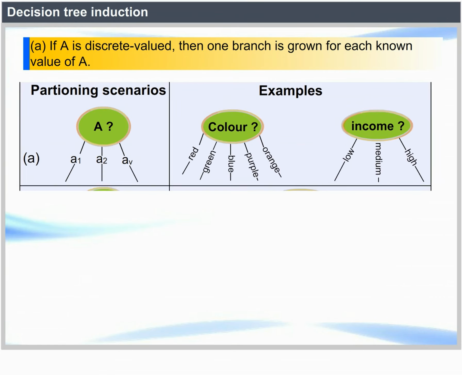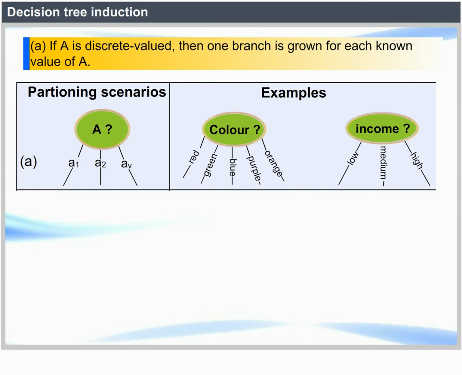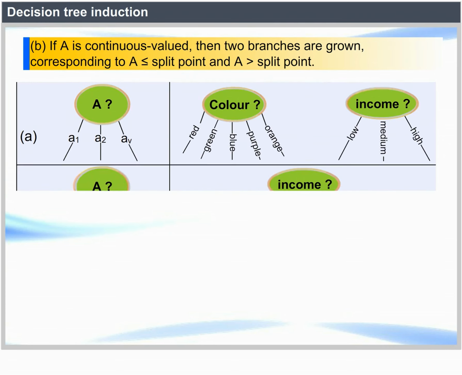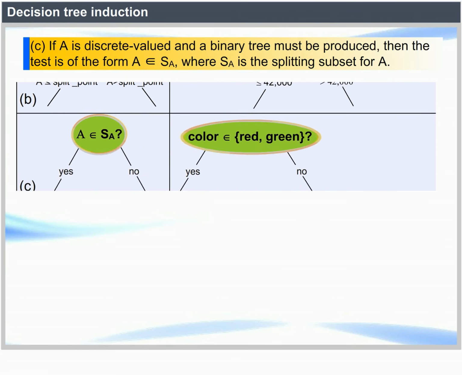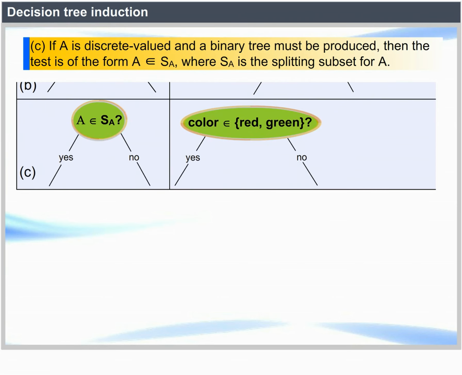If A is discrete valued, then one branch is grown for each known value of A. If A is continuous valued, then 2 branches are grown corresponding to A ≤ split point and A > split point. If A is discrete valued and a binary tree must be produced, then the test is of the form A ∈ S_A, where S_A is the splitting subset for A.